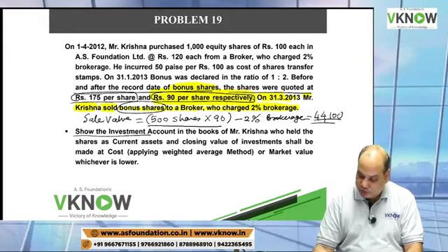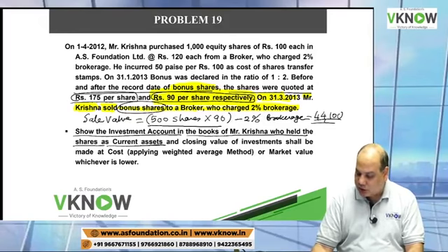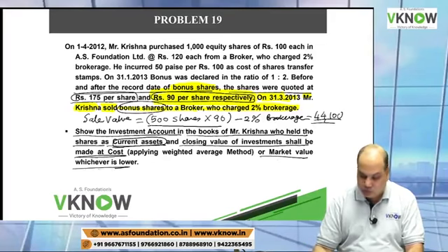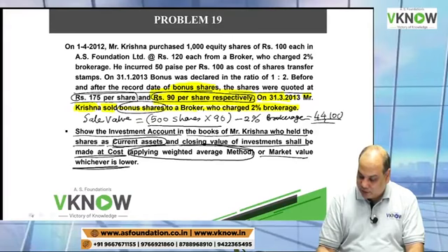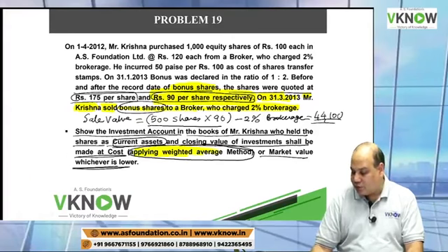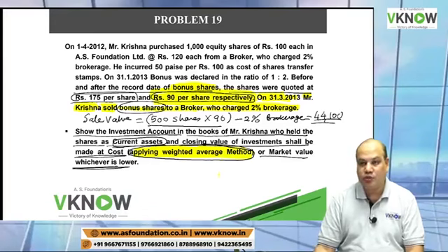Next line, show the investment account in the books of Krishna who held the share as current asset, and closing investment shall be made at cost or market value, whichever is lower. In bracket they have written apply weighted average method for calculating the profit or loss and for calculating the closing stock.